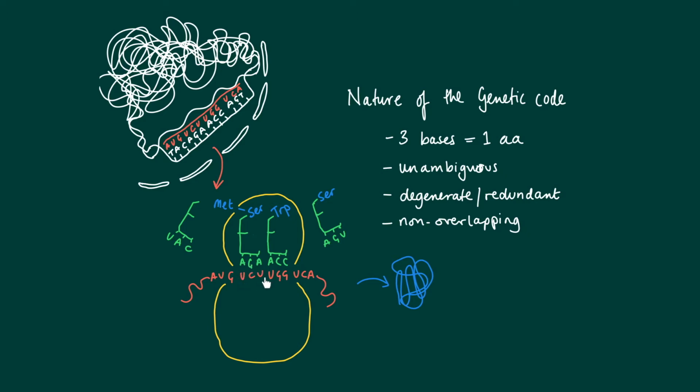So when this codon is UCU, the complementary anticodon on tRNA has to be AGA. So only the tRNA that is bringing serine comes into this position at this time according to this codon. And serine is then the second amino acid in the chain.